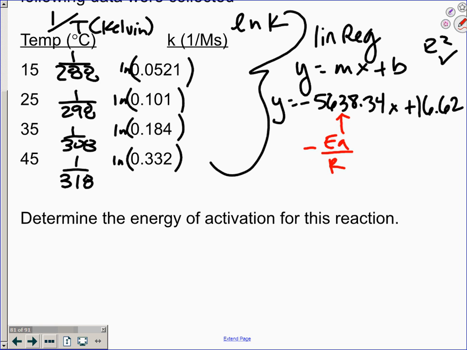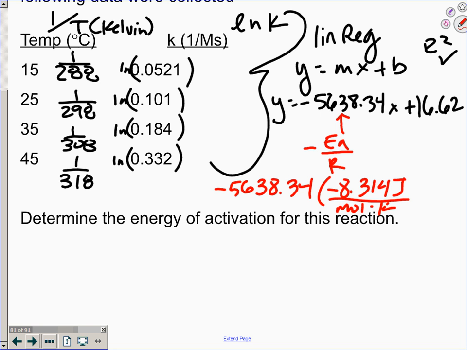So how are you solving for EA? Taking the slope, multiplying by negative R. We all know what R is. Don't just put R on paper, write the value out. So you're doing negative 5,638.34 times negative 8.314 joules per mole K.